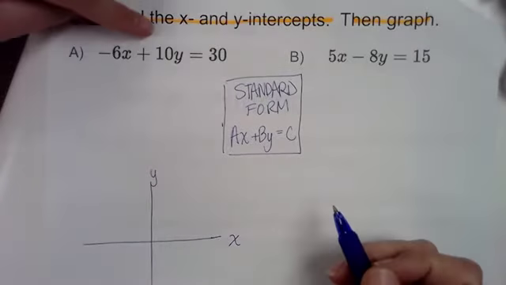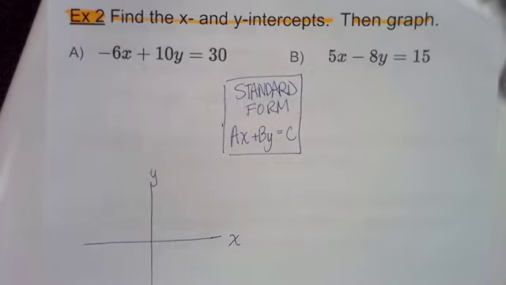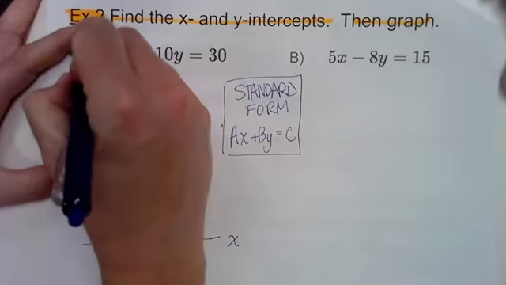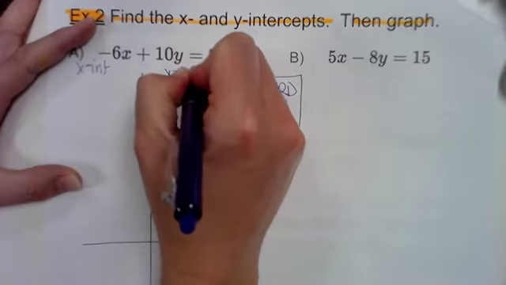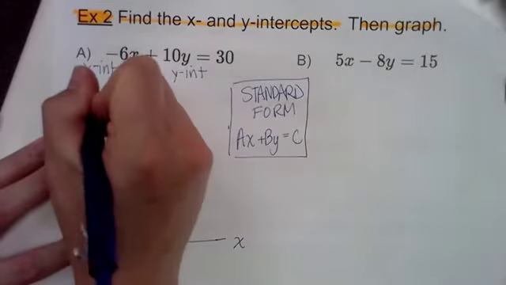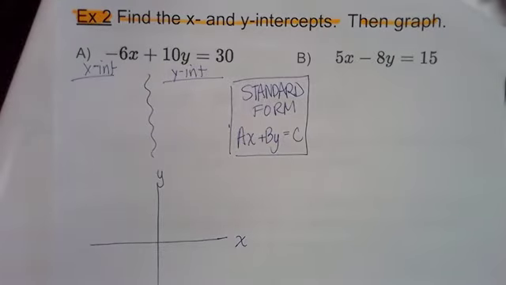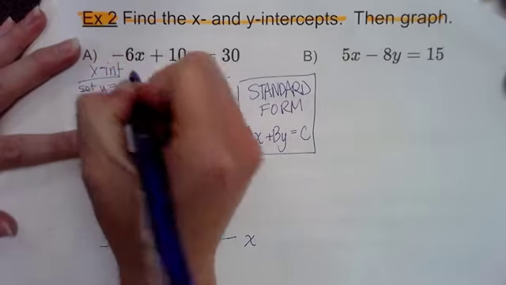When we have an equation in standard form, when it looks like this, then finding intercepts is so very easy. We're going to do two things. We're going to find an x-intercept, and we're going to find a y-intercept. If I want to find an x-intercept, all I have to do is set y equal to 0.